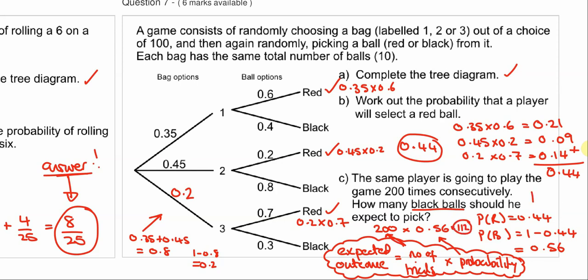So my answer to this one is 112. So if we did this game 200 times, we'd expect, it's not always going to come out like that. That's not how probabilities work. They're not exact sciences. We'd expect it to come out 112 times.